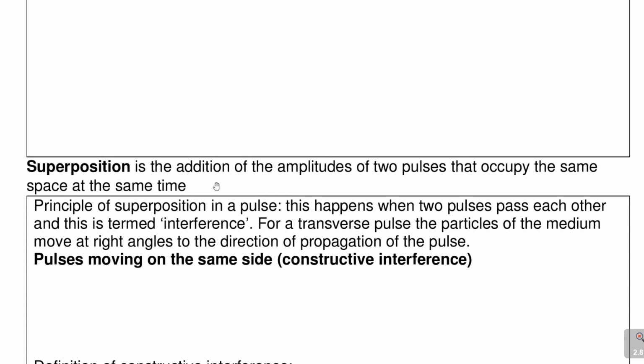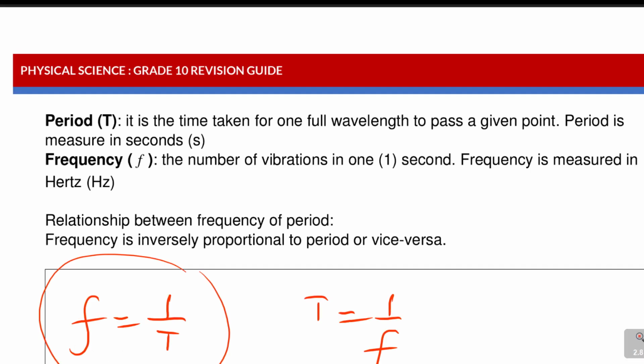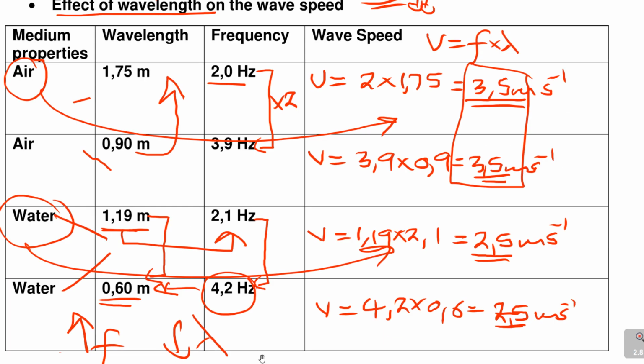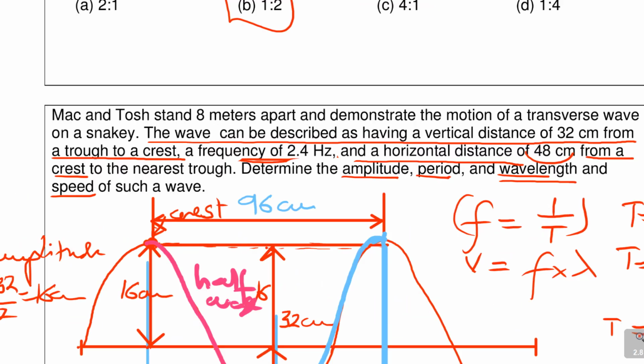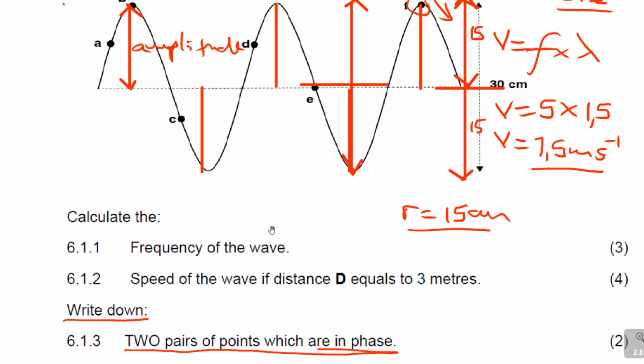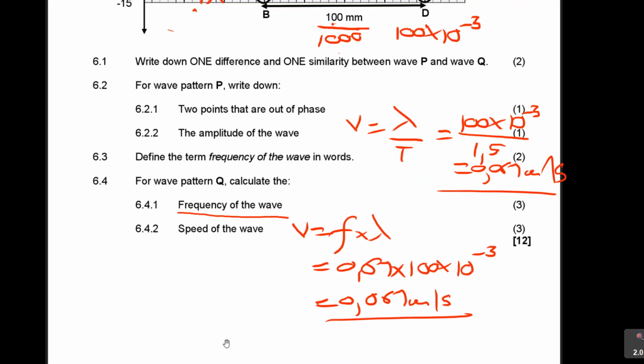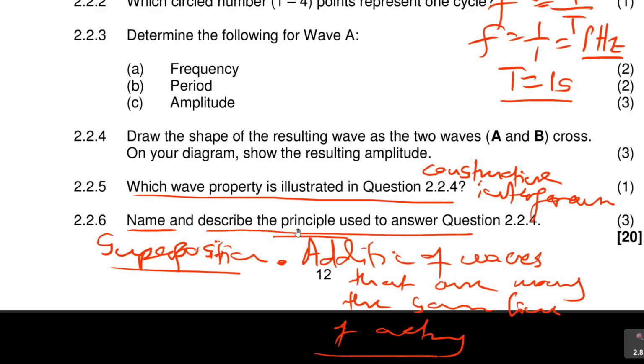So superposition is the addition of the amplitudes of two pulses. Yeah, that's true. Let's just leave it there. The addition of the amplitudes of two waves in this case. So if they say describe superposition, the principle here is the addition of the pulses of the two waves.